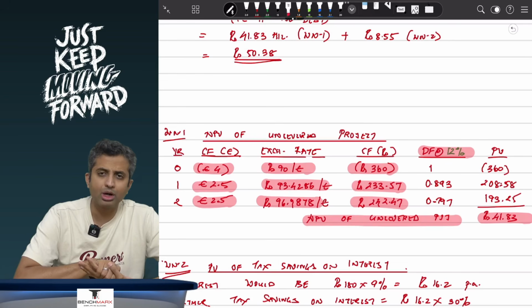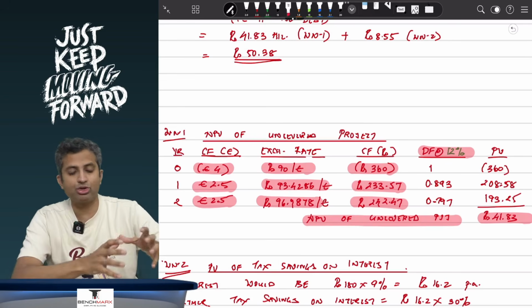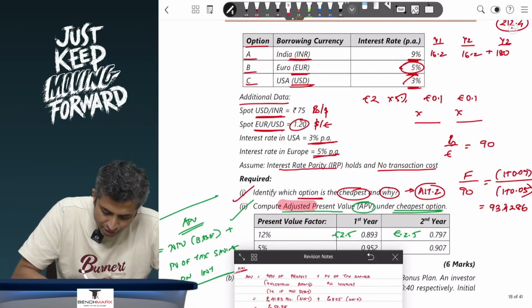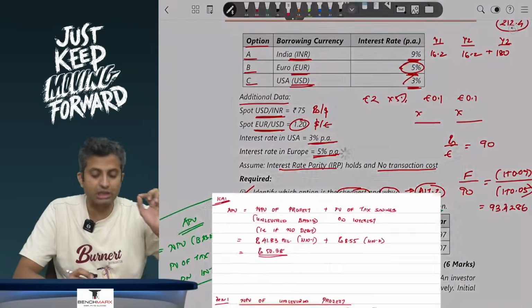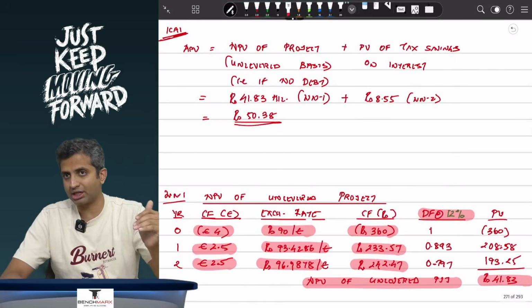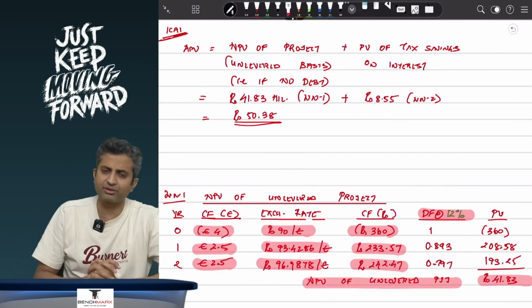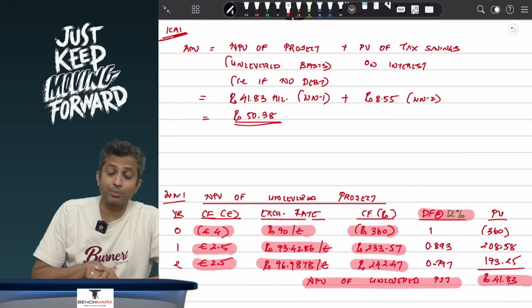Now, if I were to find the adjusted present value, the question tells me clearly to find something called adjusted present value in a multi-currency setup. In a multi-currency setup, you will have to find the base, let us say over here, which is 41.83.